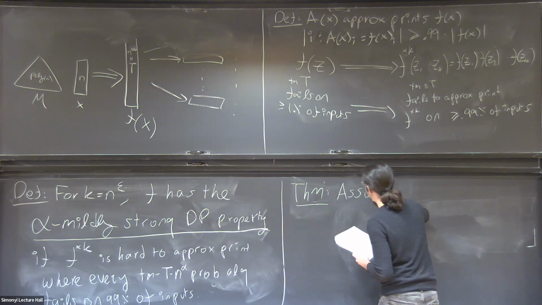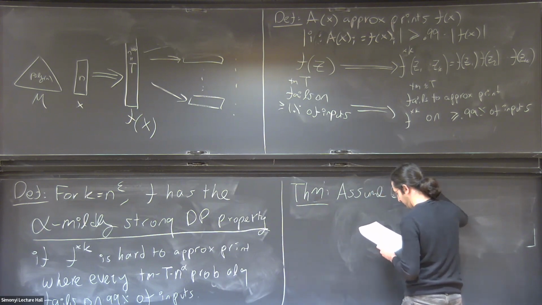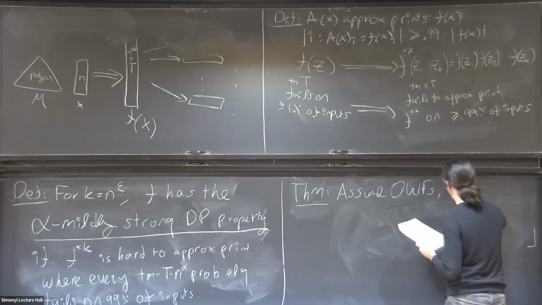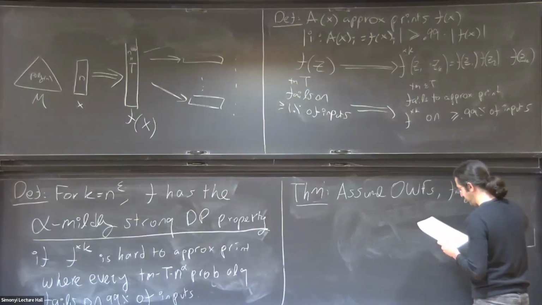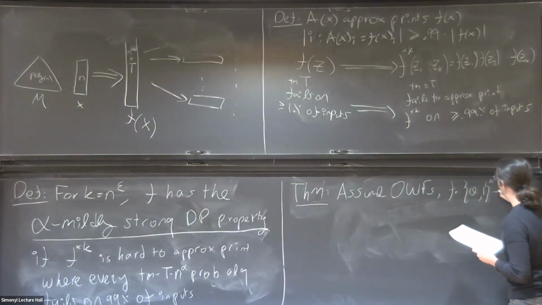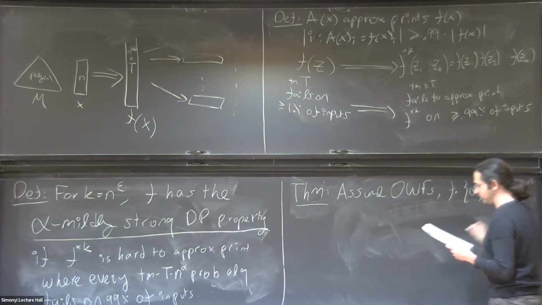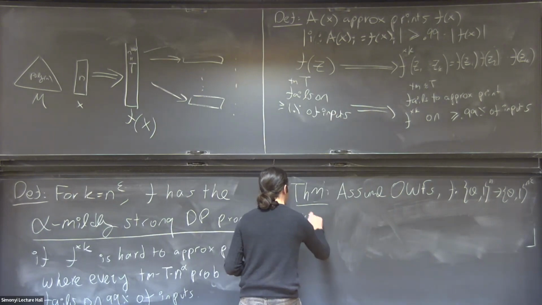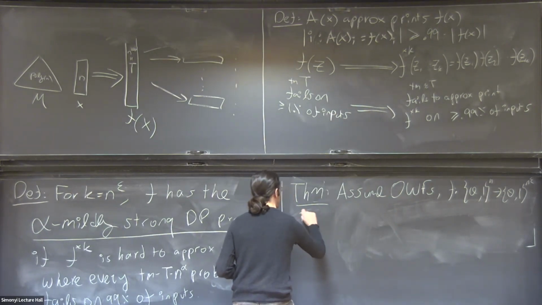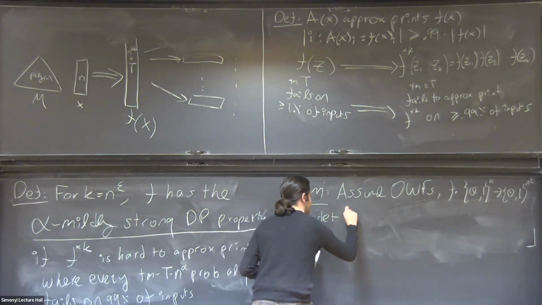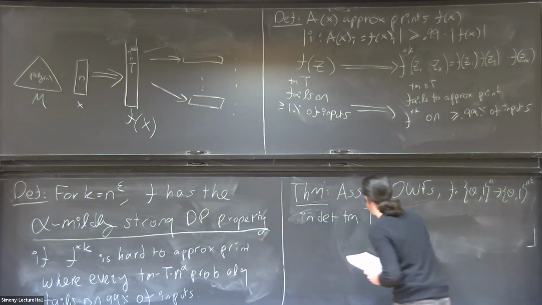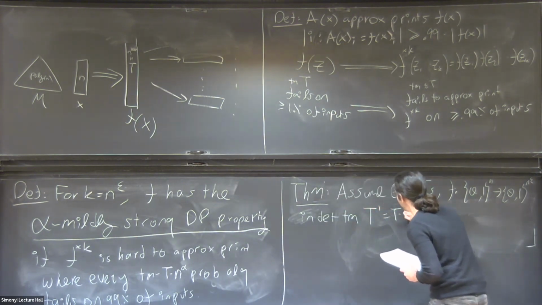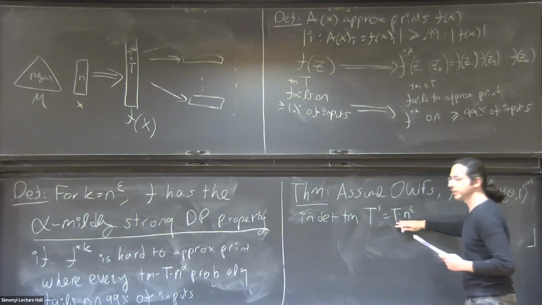Assume that there are one-way functions and that there is an f from n bits to n to the epsilon bits, which is computable in deterministic time t prime, which I'm taking to be t times n to the epsilon, but ignore this for a second.